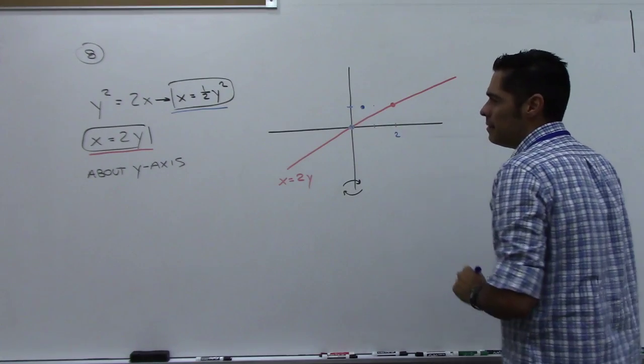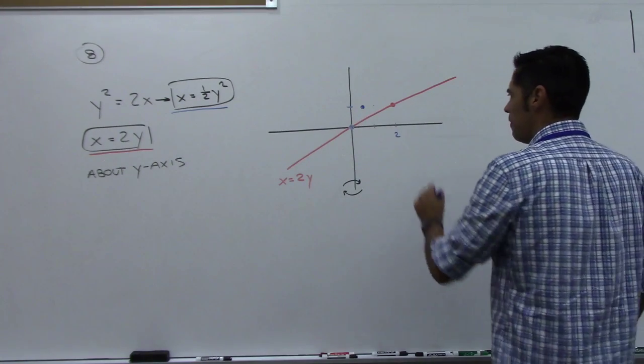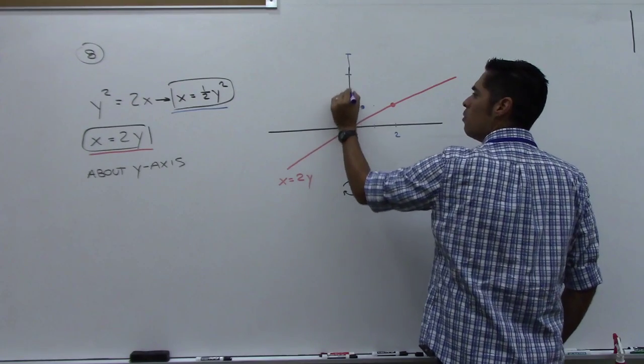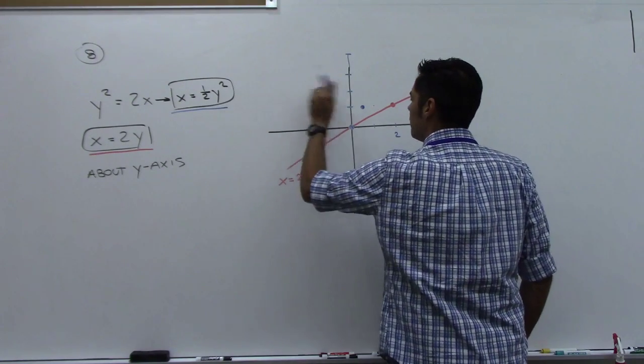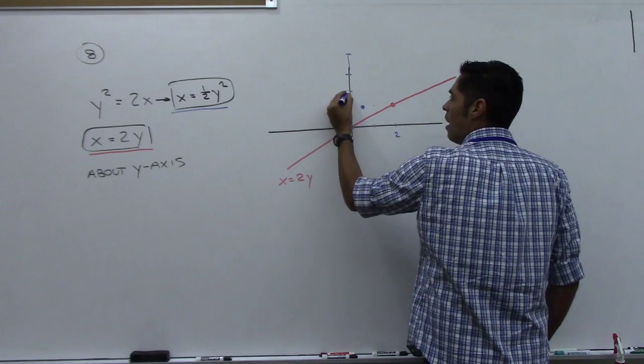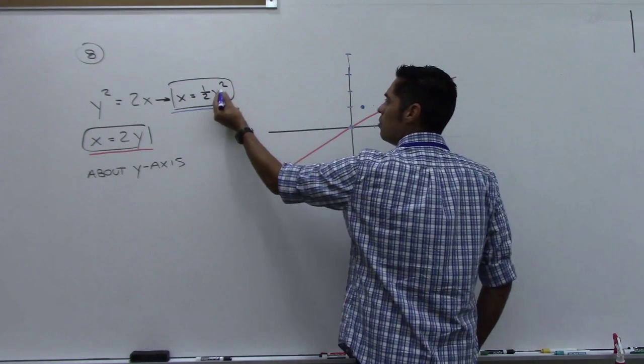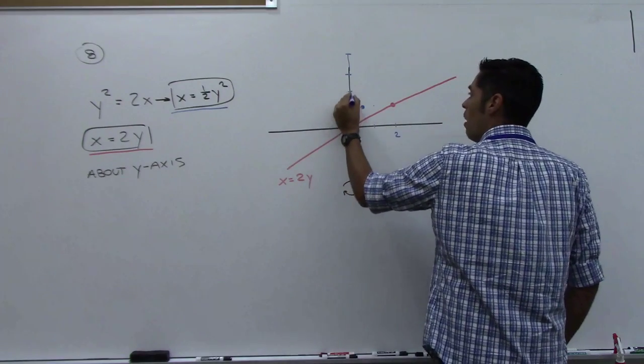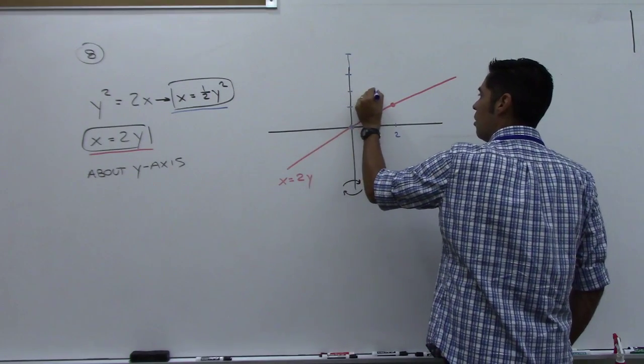If y is, I'm going to try and pick a nice one here, 2. If y is 2, 2 squared is 4, 4 divided by 2 is 2. So if y is 2, x is also 2.